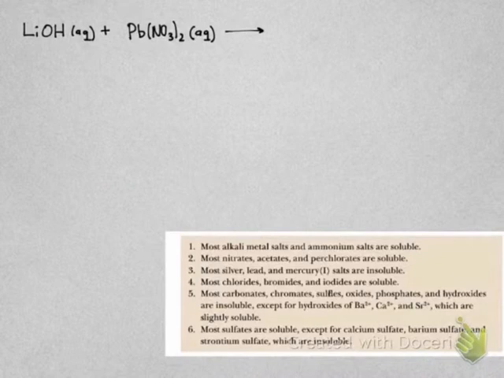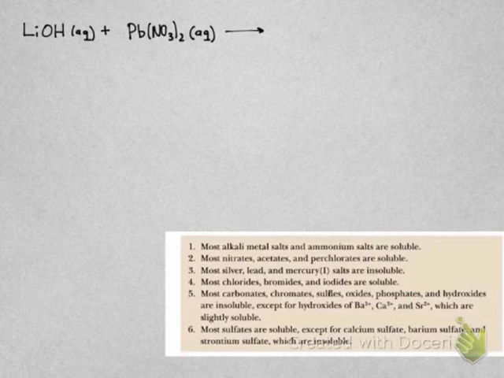Let's predict the products for this double replacement reaction and write the balanced equation for the complete reaction. It is a mixture. We're forming a mixture of lithium hydroxide, which is soluble, as shown by the AQ behind the empirical formula for that compound, plus lead nitrate, which is also soluble.